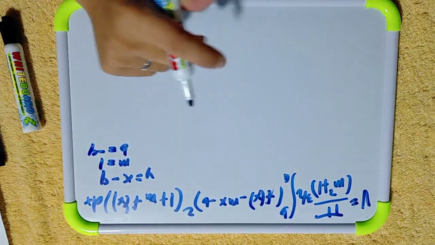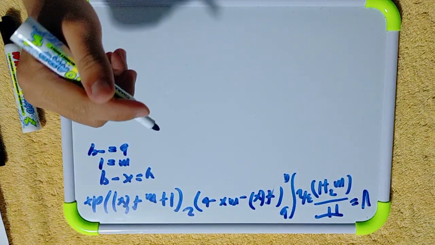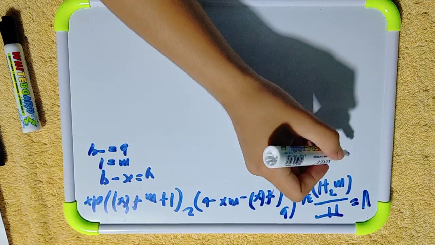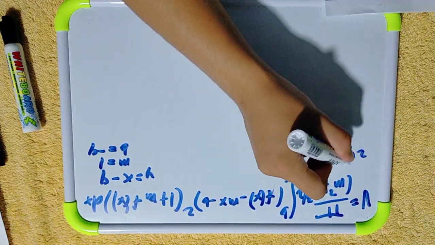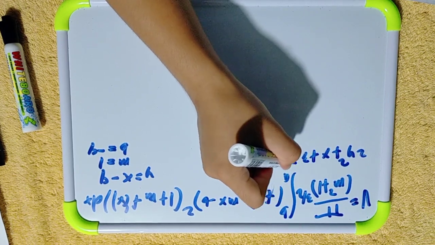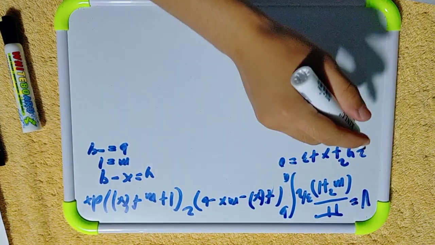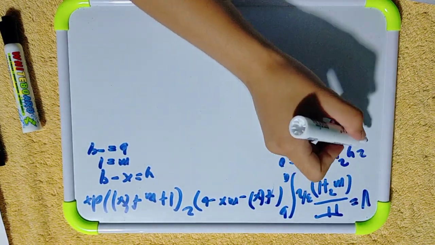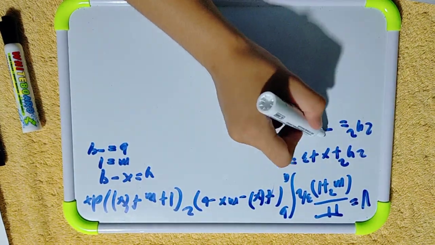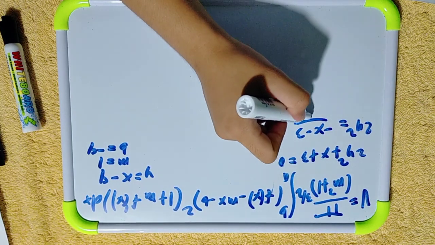Para doon naman sa f prime of x, yung given kasi is 2y squared plus x plus 3 is equal to 0. Kailangan lang natin kunin yung y, yung f of x natin. So, magiging 2y squared is equal to negative x minus 3, all over 2.